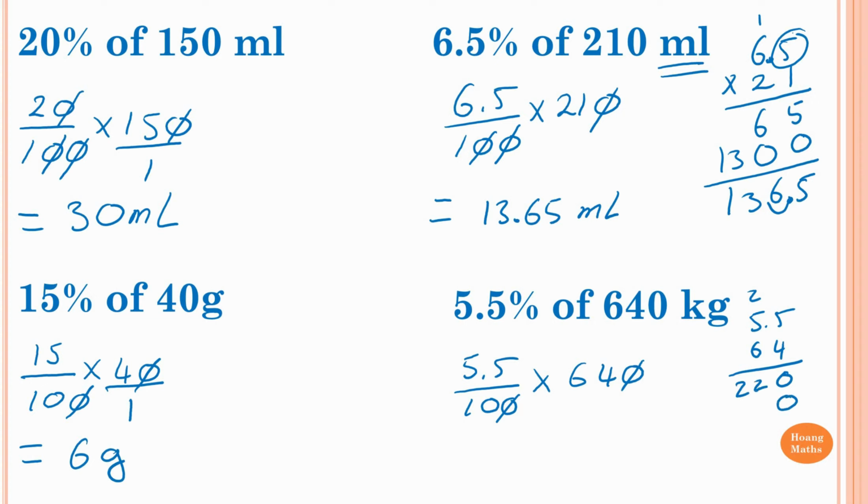Put this 0 down. 6 times 5 is 30, put a 0, put a 3 on top. 6 times 5 is 30, so 33. Then we add them up. So that gives me 0, 2, 5, 3. And do not forget, we have one number after the decimal point. So put a decimal point here. And then we need to divide by this 10 here. So divide by 10, we move 1 more. So the answer is 35.20 kilograms.